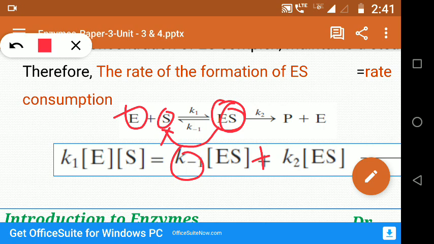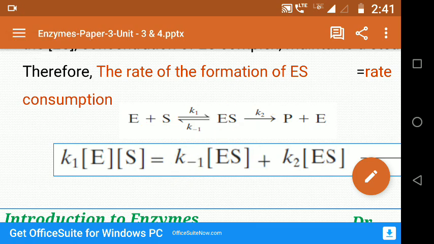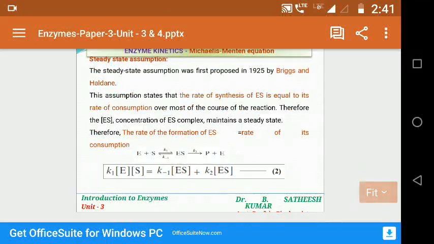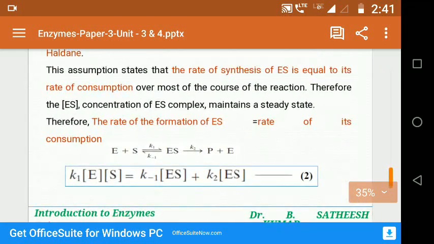Here also the ES is a reactant. For this we have K2 ES. So according to the steady state assumption, K1 E into S equal to K minus 1 ES plus K2 ES. So this is equation 2.